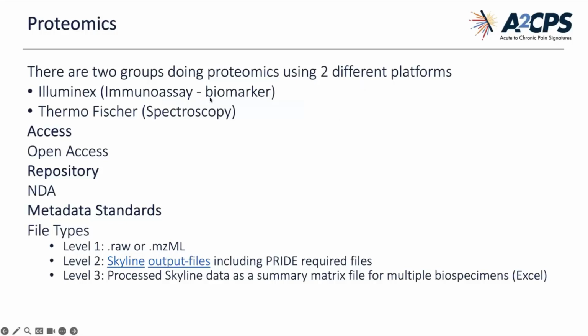One of them is a Luminex-based platform, an immunoassay, and this is a primary biomarker. There's also a Thermo Fisher platform, which is mass spectrometry, and the file types are a raw file or an mzML file, and then there are other processed outputs.